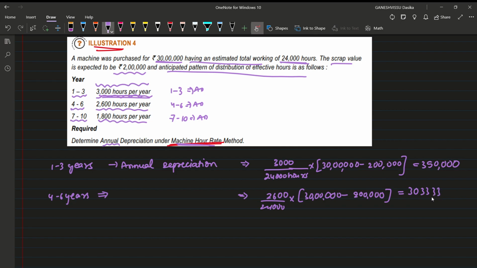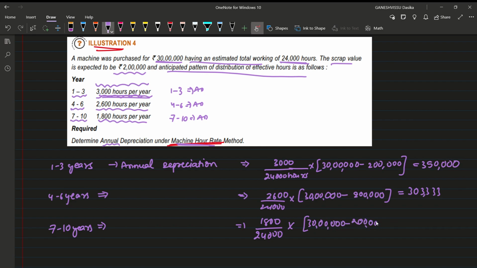And for 7 to 10 years, the annual depreciation is simply 1,800 hours per year, 24,000 total, into the same 30 lakhs minus 2 lakhs.